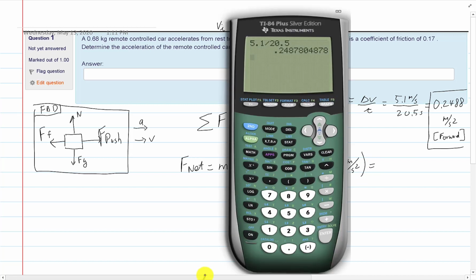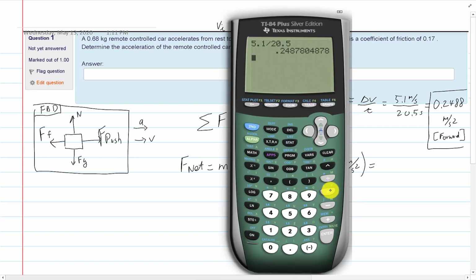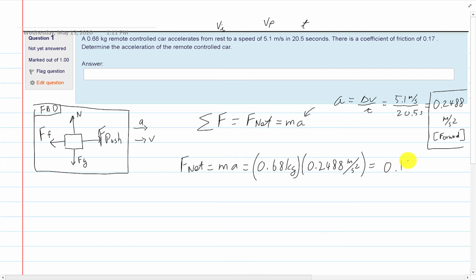So we take this and multiply it by 0.68, and we get 0.1692. The unit for that is newtons. Now that's the net force.